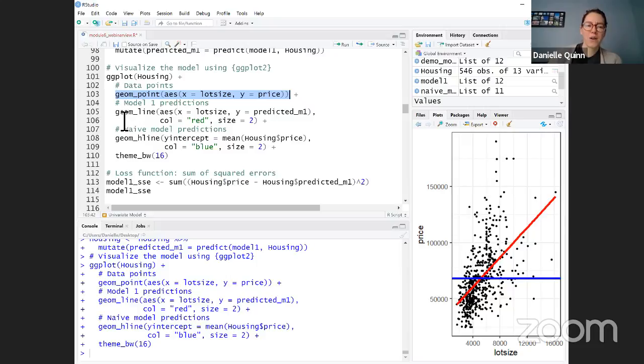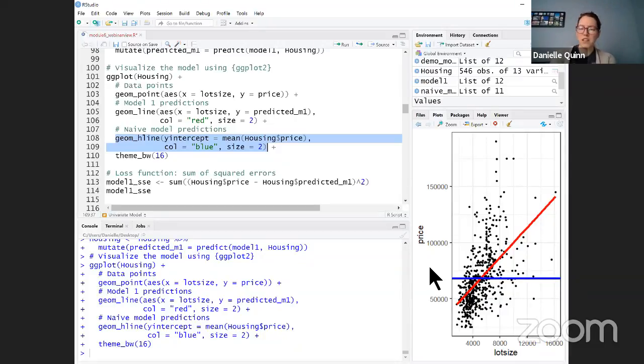We are adding our model 1 predictions as a red line. So this is what model 1 predicts. And we're adding our naive model predictions as a horizontal line, right? Because remember, it doesn't matter what the lot size is. Our naive model doesn't take that into account. Okay, so these are our two models that we could choose between right now.